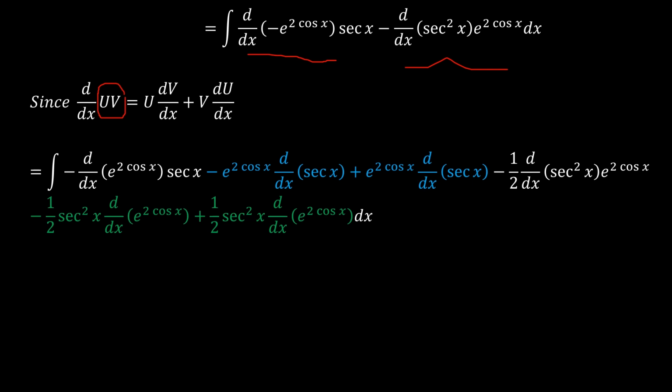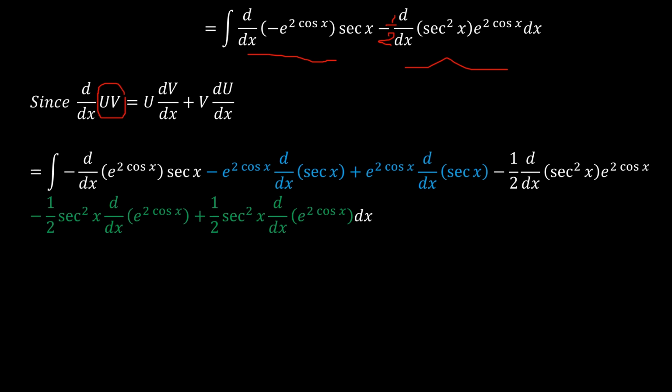I apologize, this is the same as a half of the derivative of sec squared x, so we've kept that there. So this is half times the derivative of sec squared x times e to the power cosine x, and then we keep that negative a half sec squared x times the derivative of e to the power cosine x, and then we have applied the same function but opposite in sign, so this and this would cancel out and take us back here.